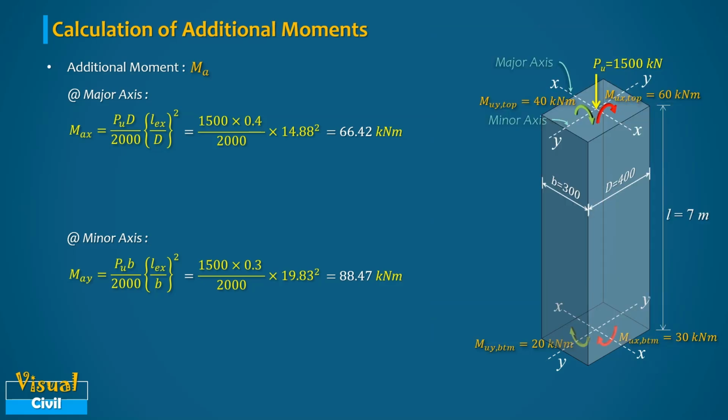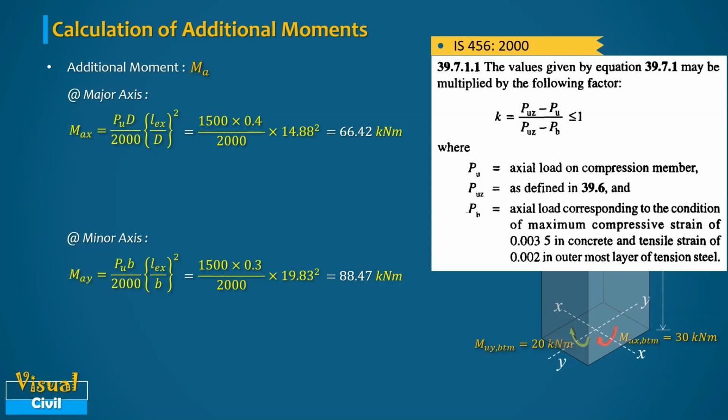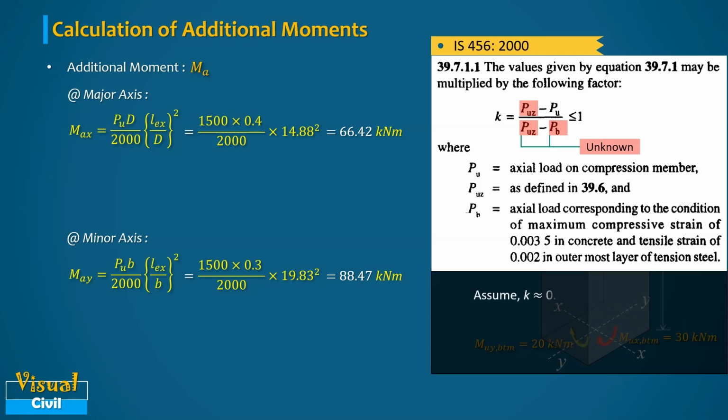According to clause 39.7.1.1, additional moments calculated using clause 39.7.1 can be multiplied by a factor k. However, since the values of Puz and Pb are unknown at this stage, we assume k equal to 0.5.